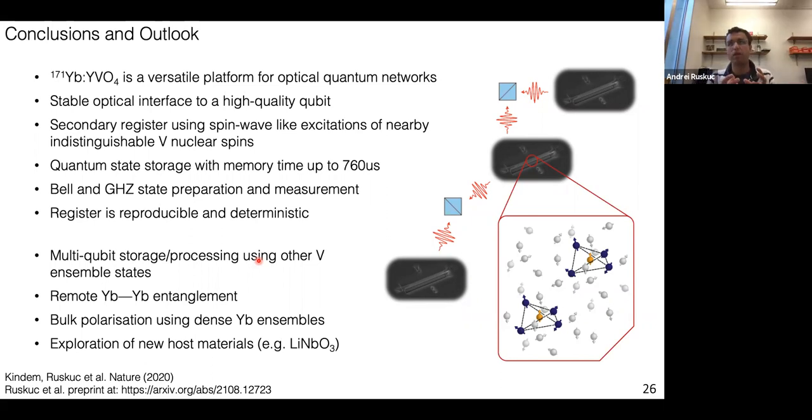And this is one nice aspect of the rare earth ion system, where even as you go to very high doping concentrations, the inhomogeneous linewidths of these transitions remain very narrow. And we believe that this means that we will be able to achieve very high fidelity control of these dense ytterbium ensembles, which we can then use to perform hyperpolarization of the yttrium vanadate crystal.